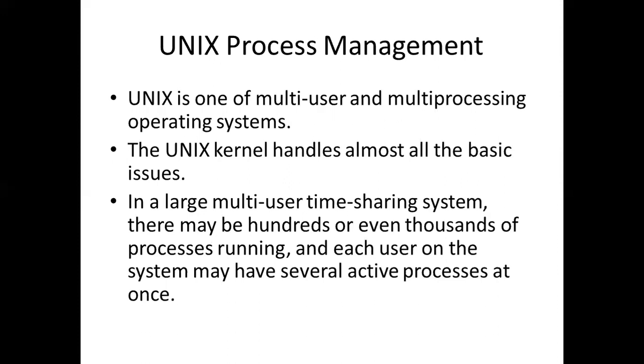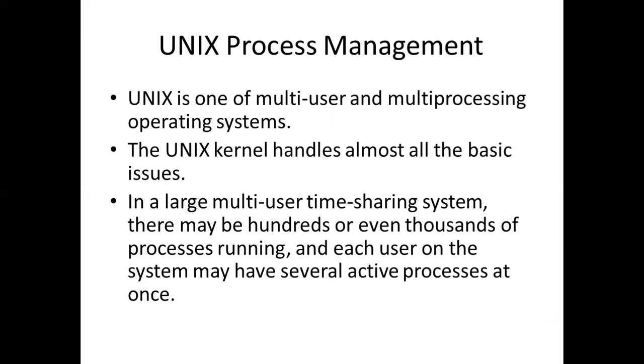Multi-user means that this operating system handles a lot of users and does a lot of work, and allows users to work on it. Multi-processing means it can execute many processes at once. The kernel handles all this multi-processing and multi-users.